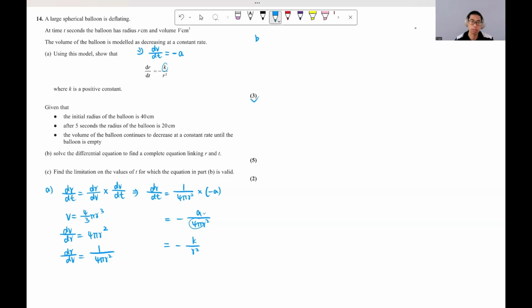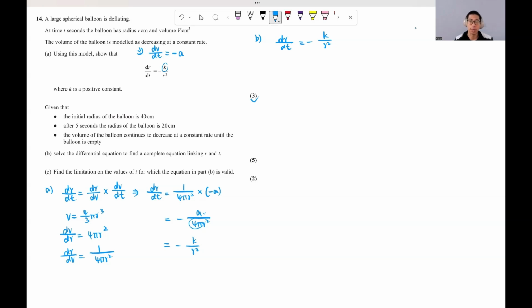And then part B. They gave us some conditions here, and they want us to solve that differential equation to find an equation linking r and t. So we have dr/dt equal to negative k over r squared. We need to move all the r to one side and all the t to the other side.